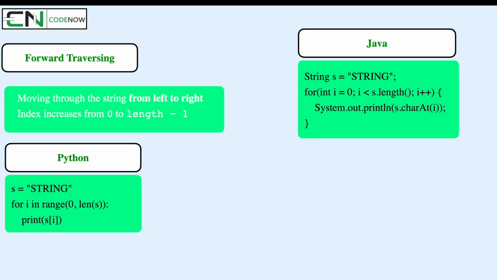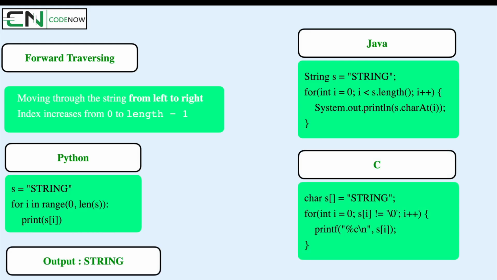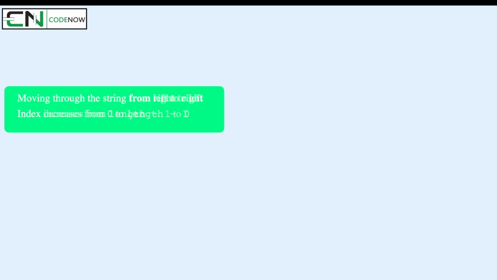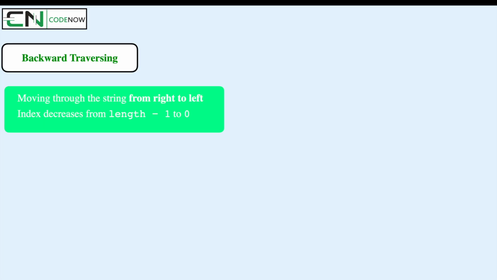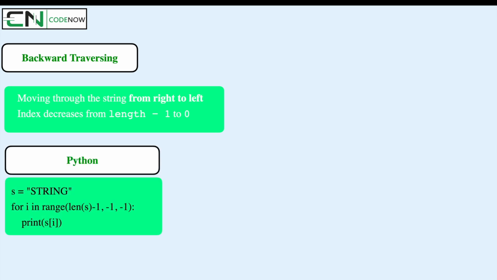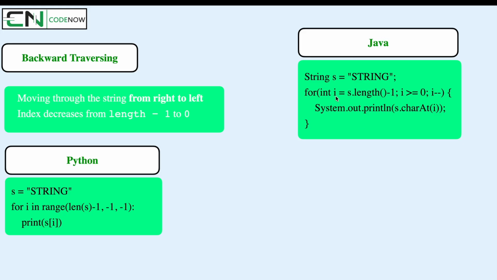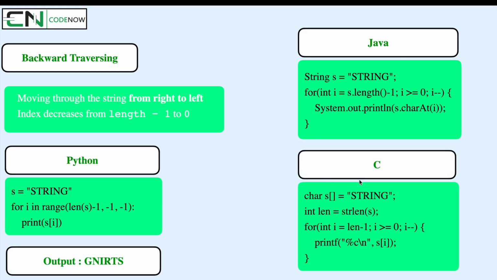In C language it is written something like this. So this is how forward traversing is done. Now backward traversing, moving through the string from right to left, index decreases from length -1 to 0. In Python it is written something like this. In Java it is written something like this. In C language we are writing like this.